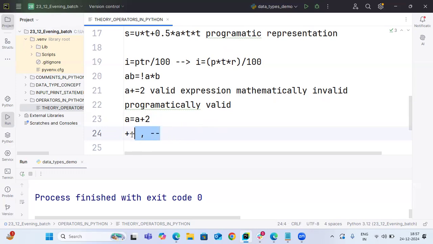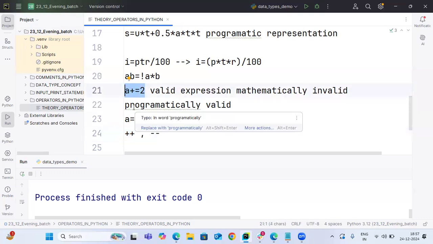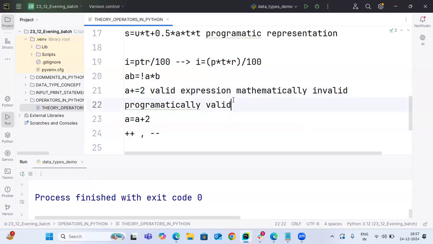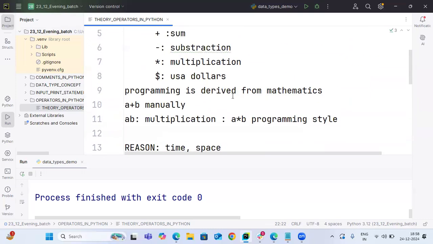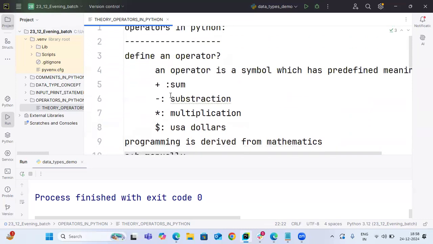In Python, no such operators exist. Therefore, wherever an expression is to be evaluated with plus plus and minus minus, we replace it with this kind of shorthand assignment operator. With hands-on experience, I'll show you it's one kind of expression, one kind of operator too. Are you clear? So the operators concept is very important.